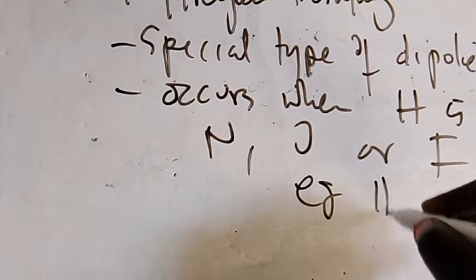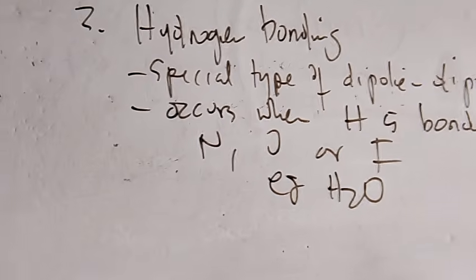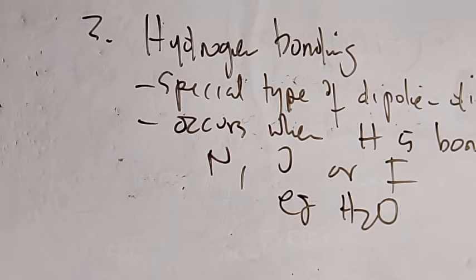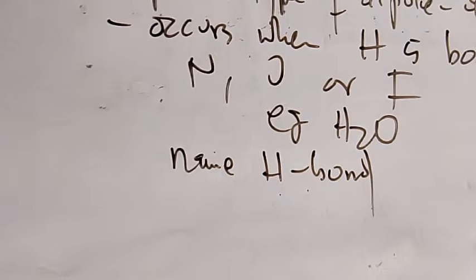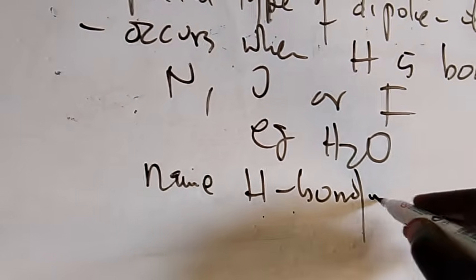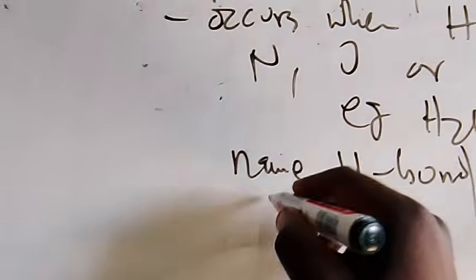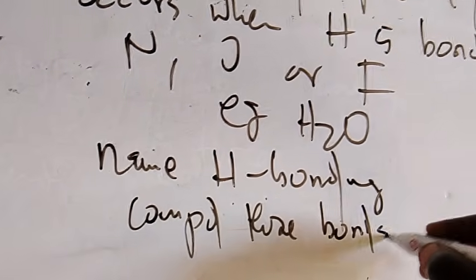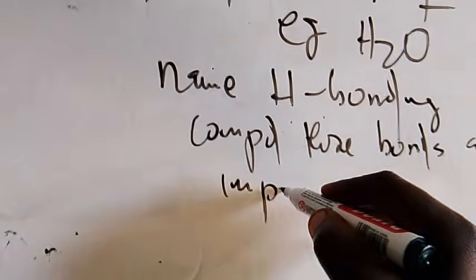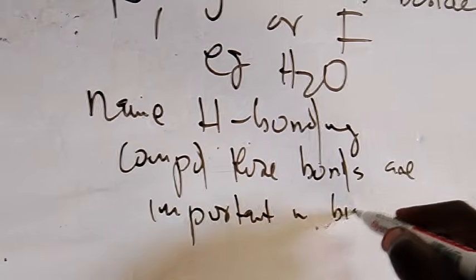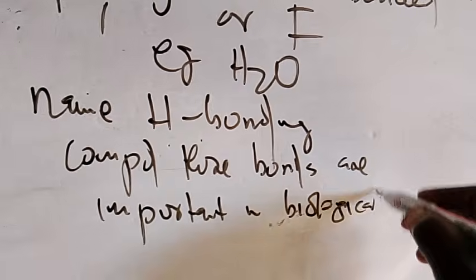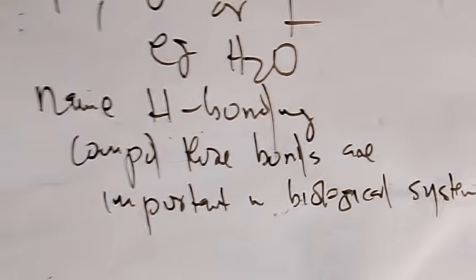For example, in water there is hydrogen bonding. It is given a special name, hydrogen bonding, because compounds containing these bonds are important in biological systems.